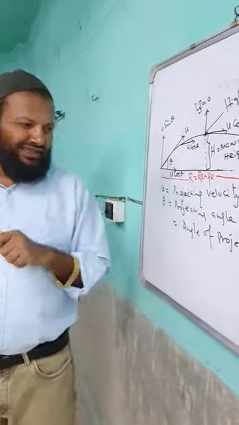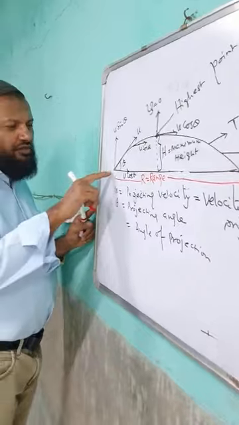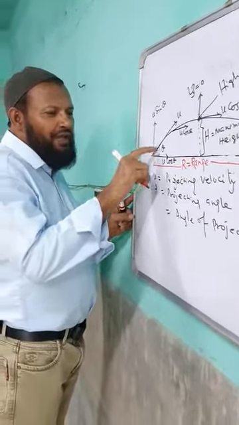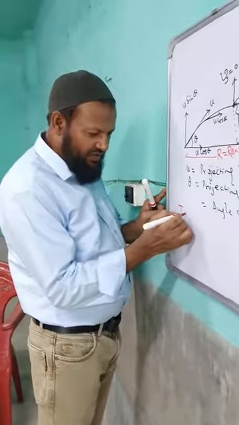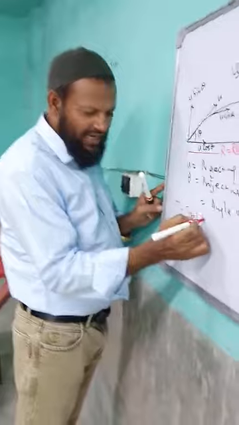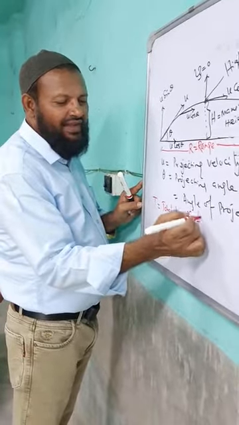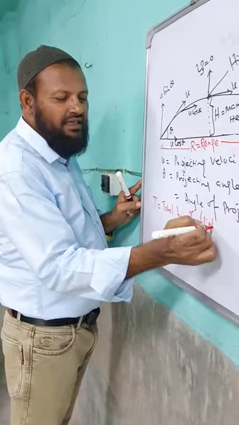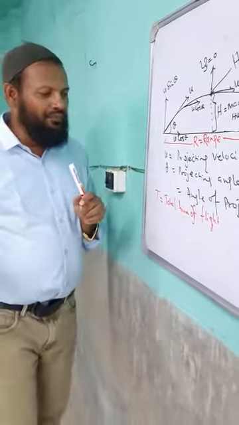Now please try to understand. Here, the body from here to here, this time is known as capital T. What is capital T? Total time of flight. F-L-I-G-H-T. Please try to understand total time of flight. What is the formula?